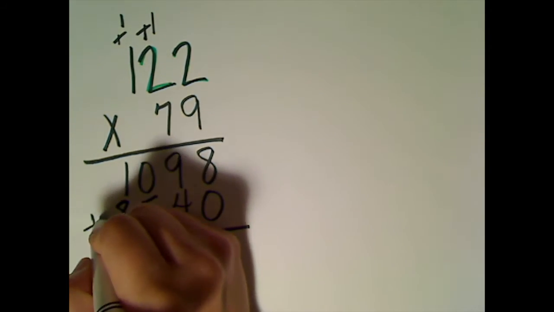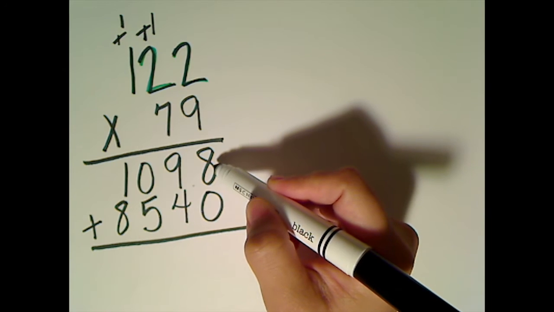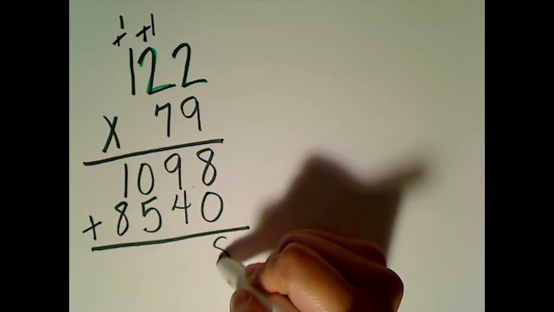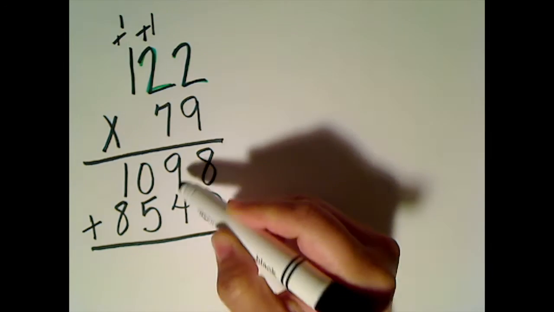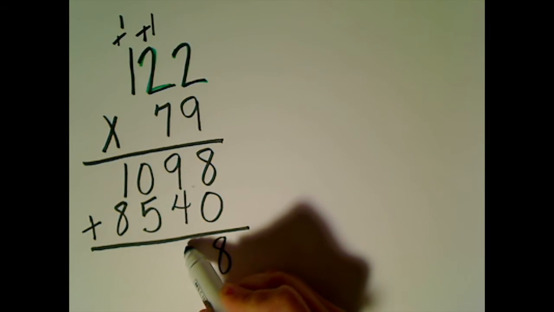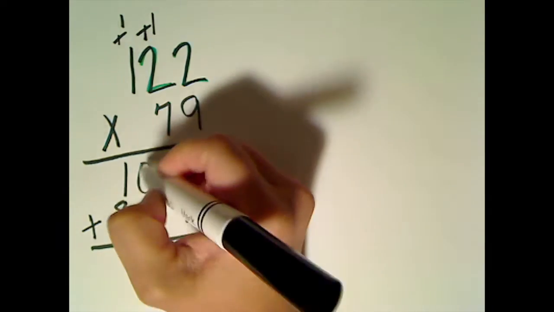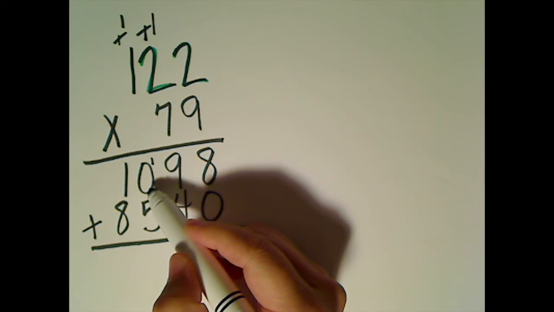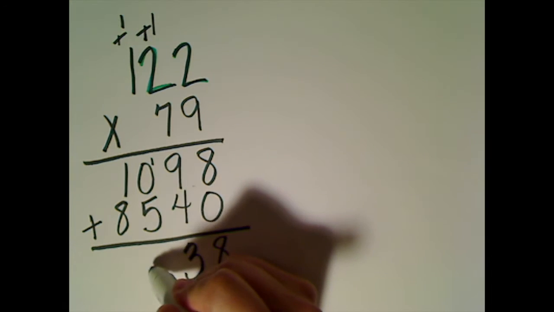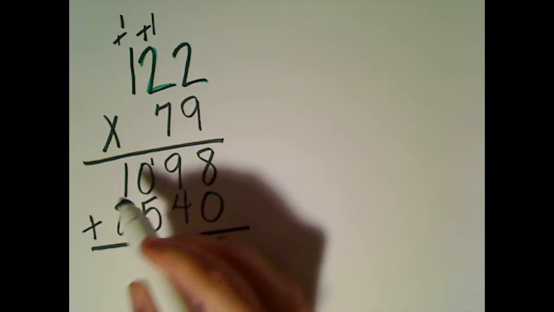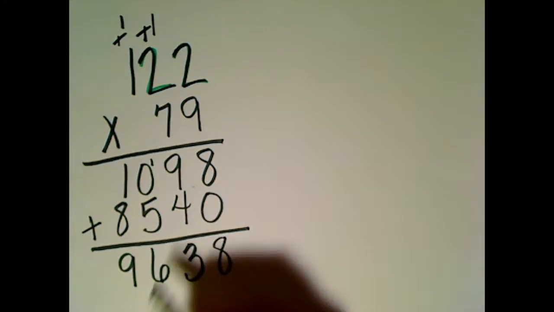So now I add these together. 8 plus 0 is 8. 9 plus 4 is 13. Carry the 1. 1 plus 0 is 1. Plus 5 is 6. 1 plus 8 is 9.